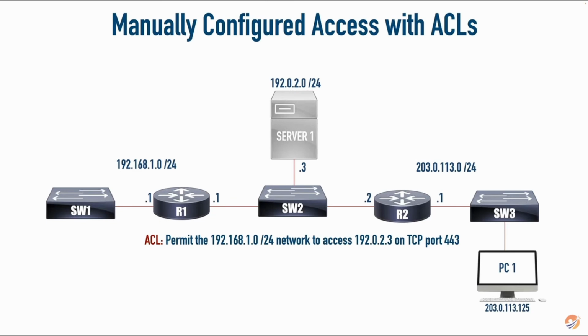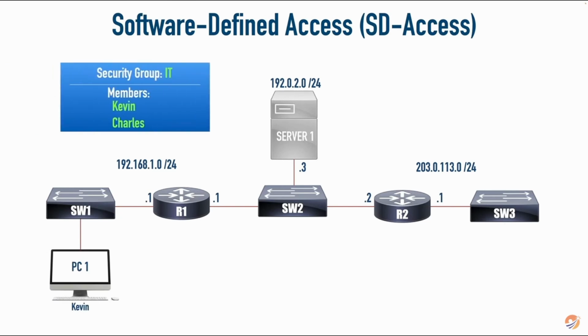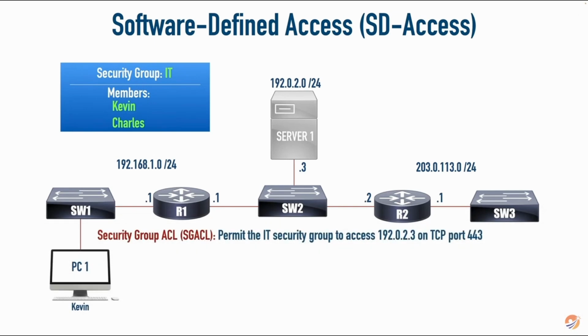Instead, enter SD access. With software-defined access, we're going to have security groups. And let's pretend we have a security group called IT, and it has a couple of members, Kevin and Charles. And the identity of each member, that's going to be defined on a device called Cisco ISE, the Identity Services Engine.